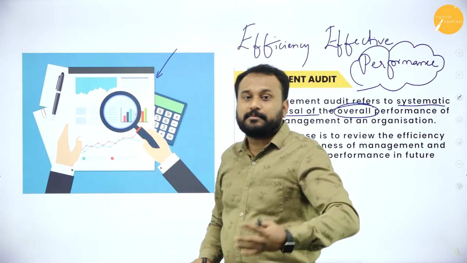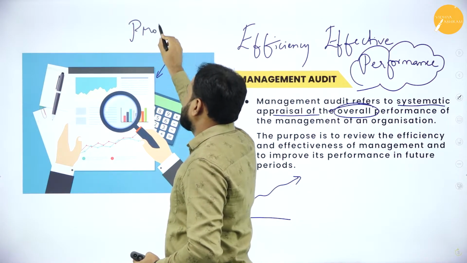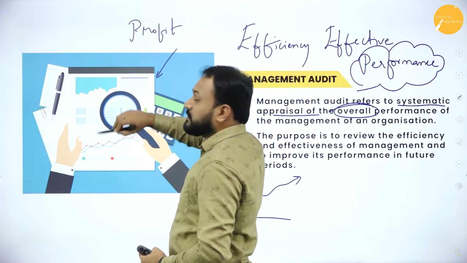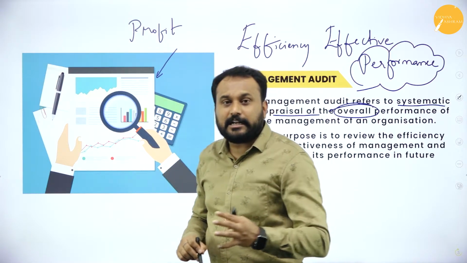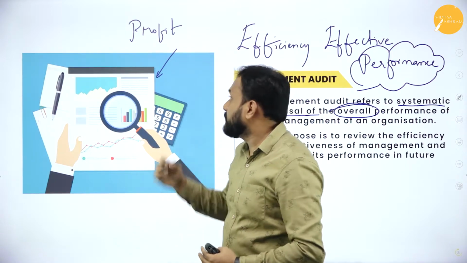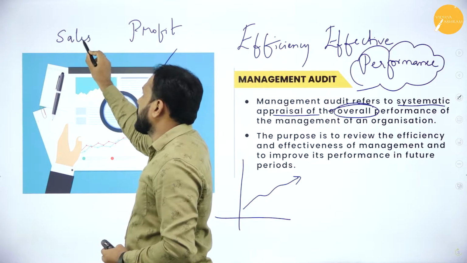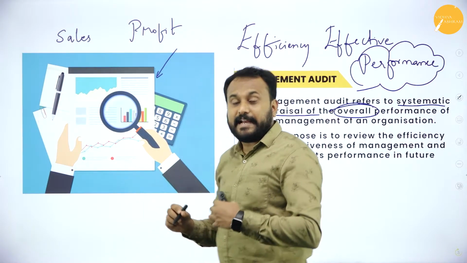Only when profit is more. Now automatically when profit is more, how did the profit become more? Because sales was more. How was it that sales was more?